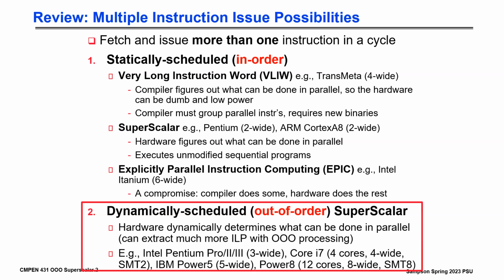And so here what we're going to say is, if you think back to those dependence graphs, a fundamental problem with in-order machines is that they have very limited visibility into that dependence graph, right? If the compiler happened to put a run of parallel instructions back to back, great, I can exploit that.